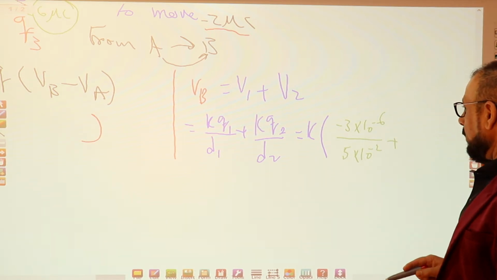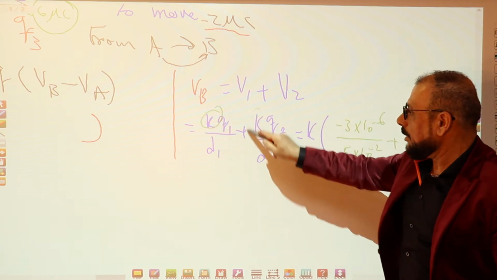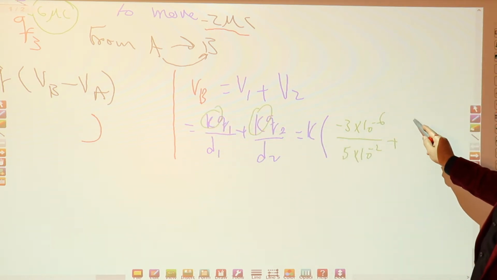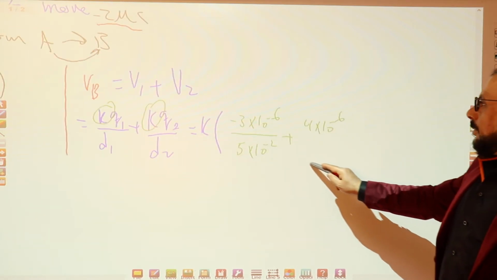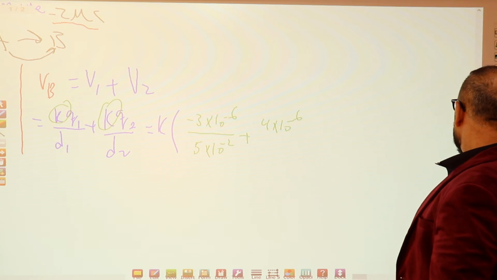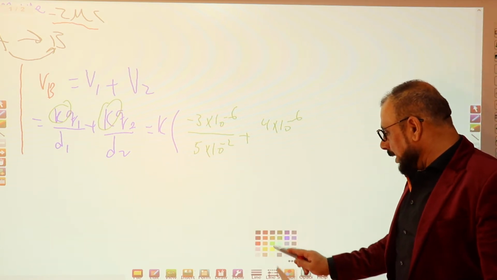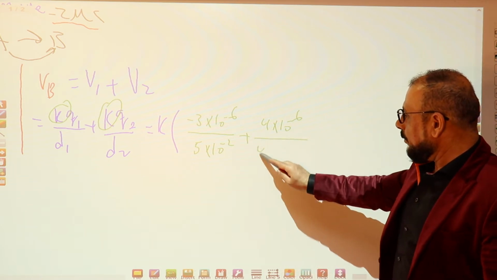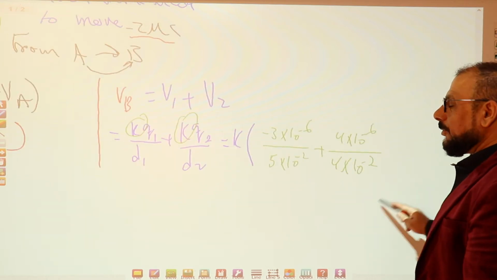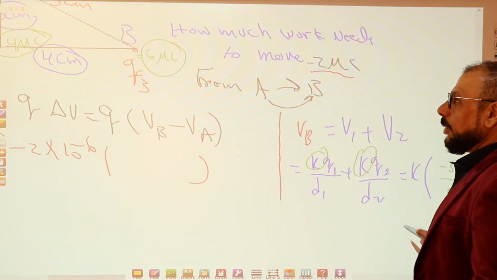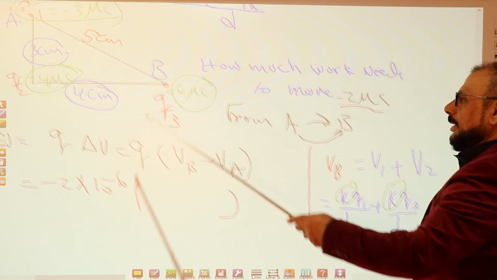Plus Q2, we took K already out. Q2 is 4 times 10 to the -6 over the distance, which is 4 times 10 to the -2. Why -2? Because we talk about centimeter.